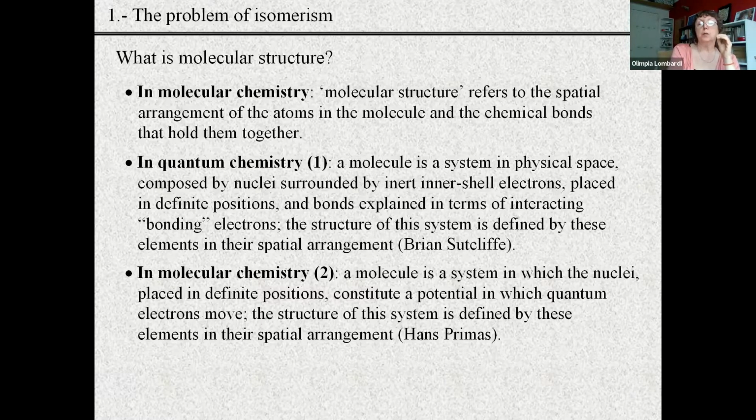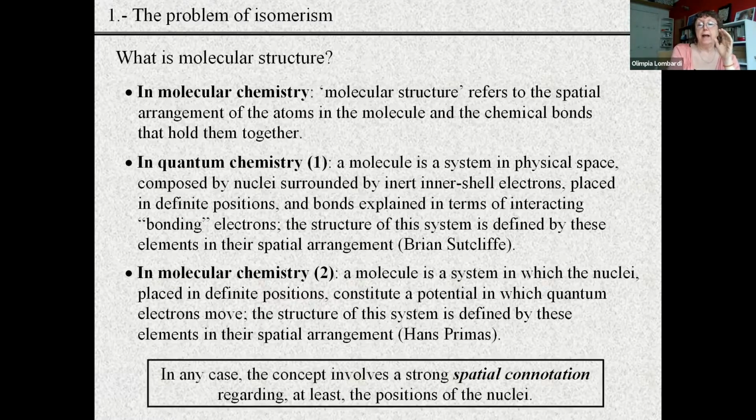The point we want to make is that in any case, in the three characterizations, the concept of molecular structure involves a strong spatial connotation regarding at least the positions of the nuclei. So we need to give an account of those positions to give an account of molecular structure.